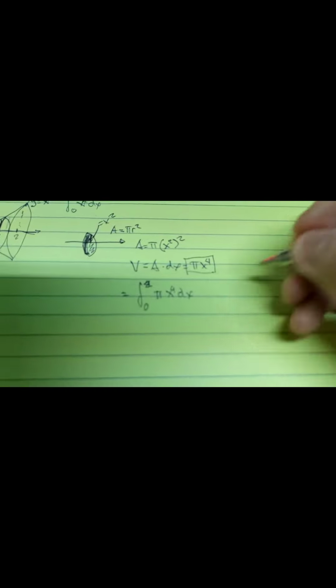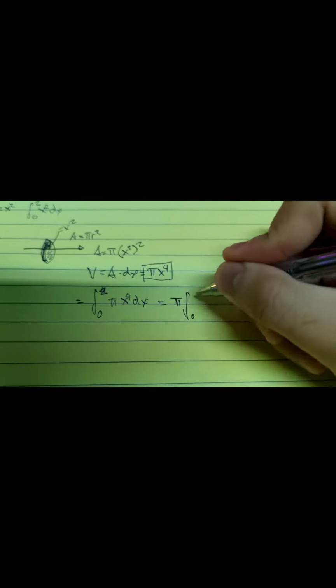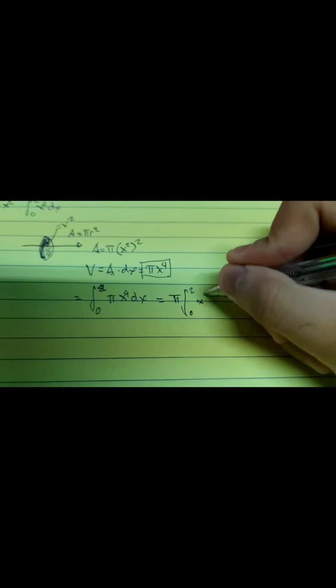This volume is just a normal definite integral, so we can just solve this. Let me focus. This is just equal to pi, limits of 0 to 2, of x to the fourth dx.